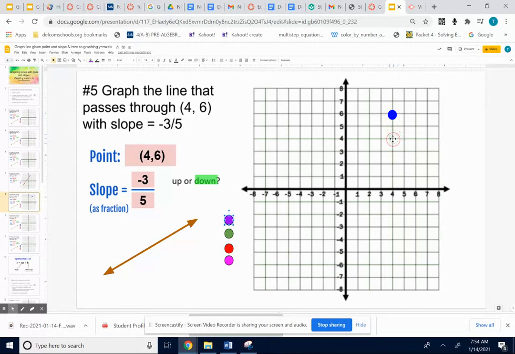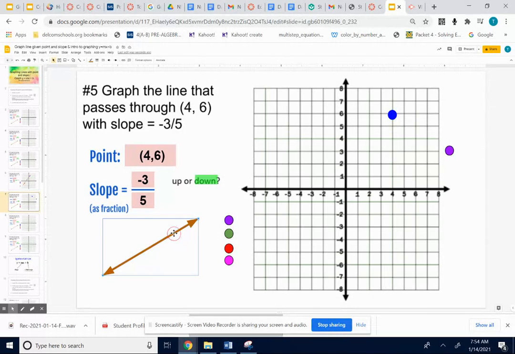Down 3, then over 5: 1, 2, 3, 4. I kind of goofed up here, but this is off the graph, so I'm going to just approximate where that point would be. It would be 1 more space over. Let's just go with it.